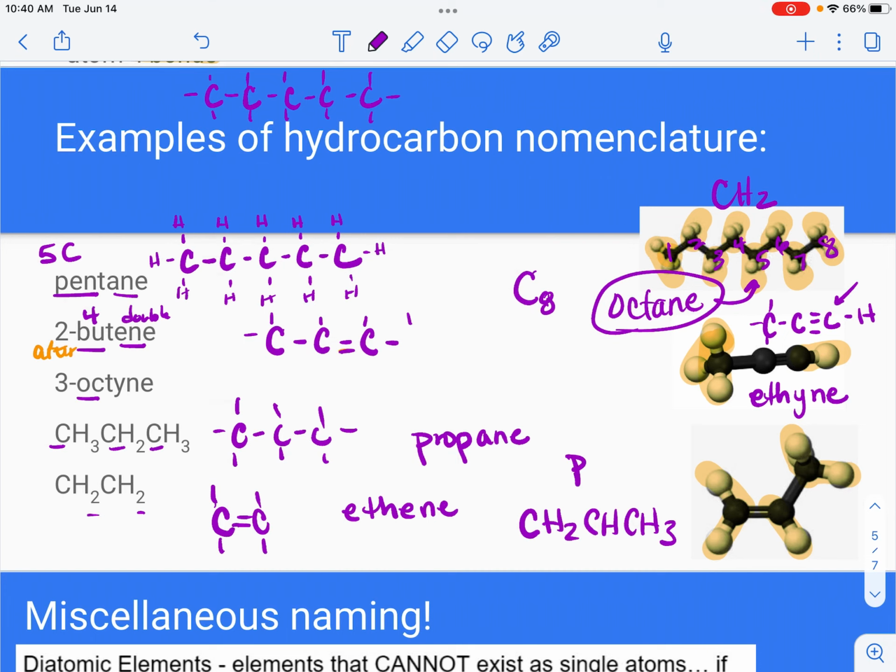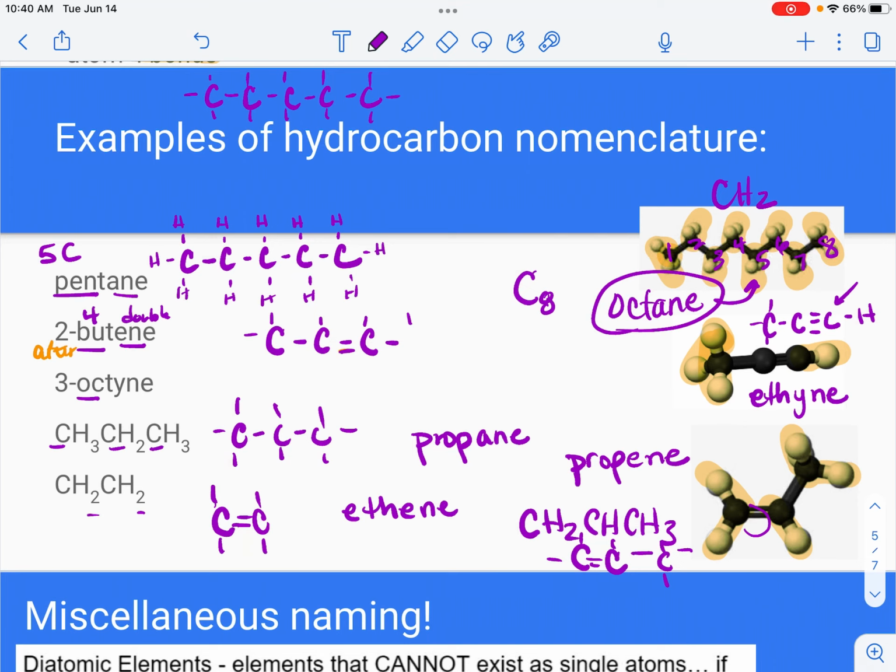This is 3 carbons, so this is going to be prop something. And then if I draw it, it's CH2, CH, CH3. So this must be a double bond, okay? And that's what I can see there. And so as I'm doing this, this is going to be ENE.